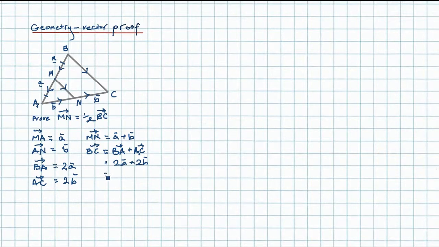Okay, so if I factorize, pull out the 2 then, put the A plus B in brackets, it becomes obvious that therefore MN, so A plus B, equals half of BC.